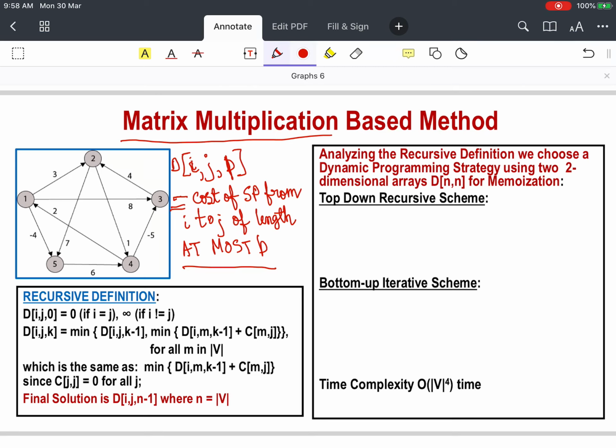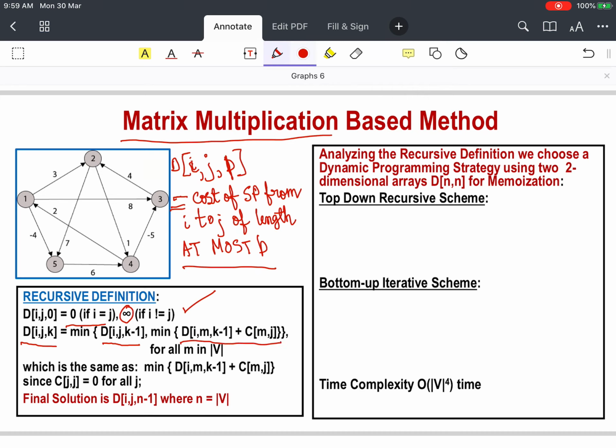And in order to do that, we use a recursive definition which says that Dij0, a shortest cost path of no length, is 0 if i is equal to j and is infinity if i is not equal to j. Otherwise, our algorithm says that the shortest cost path from i to j of length at most k is the minimum of the shortest cost path from i to j of length at most k minus 1, or among all possible paths of length k.